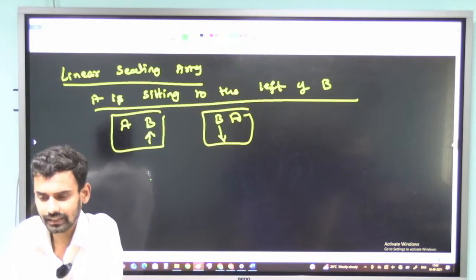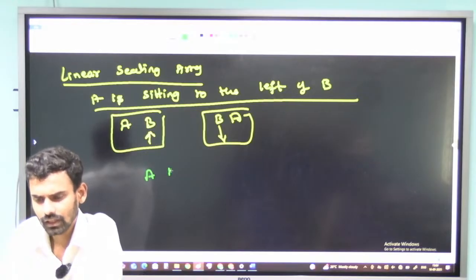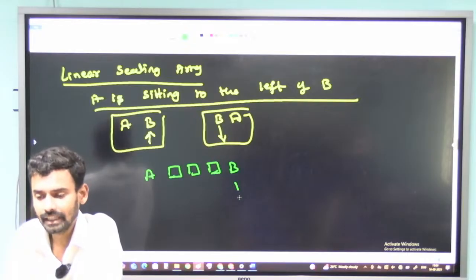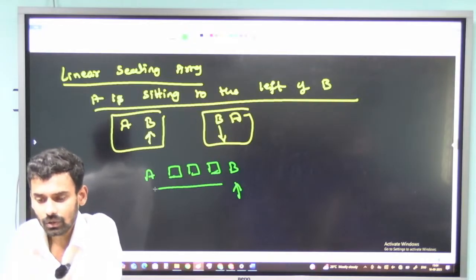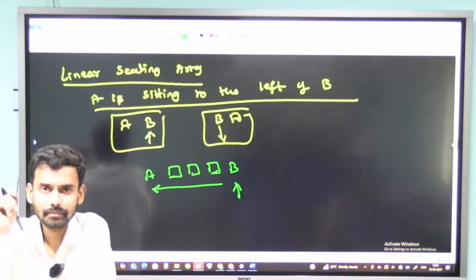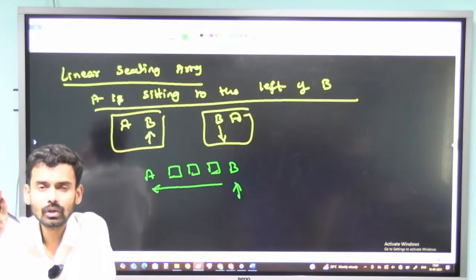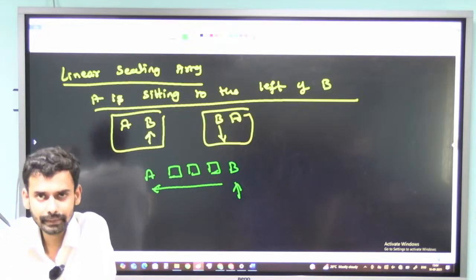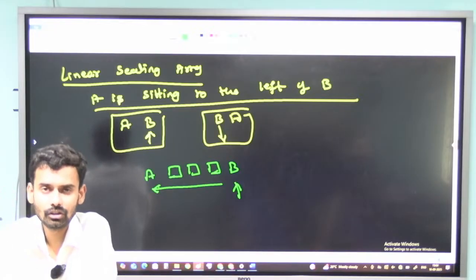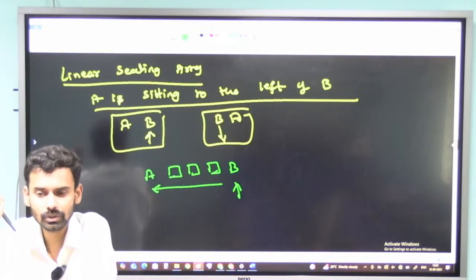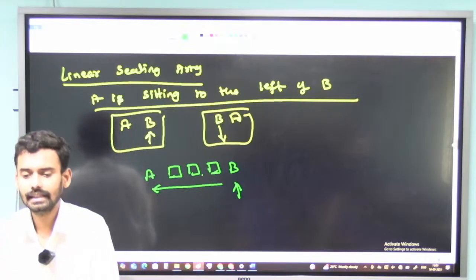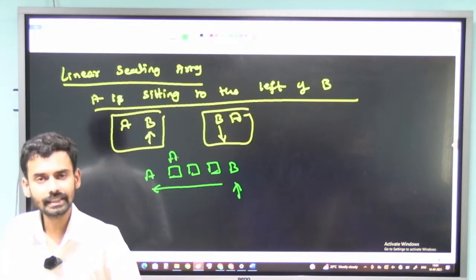For example, if I consider A, some person, some person, some person, B, and B is facing north direction, even now A is still sitting to the left of B. So we should not understand A is sitting to the left of B as A is sitting immediate left of B. That is the major mistake students make. Even if A is sitting here, he is still the left. He is sitting here, he is still the left.